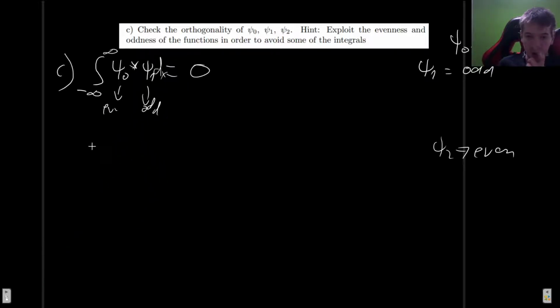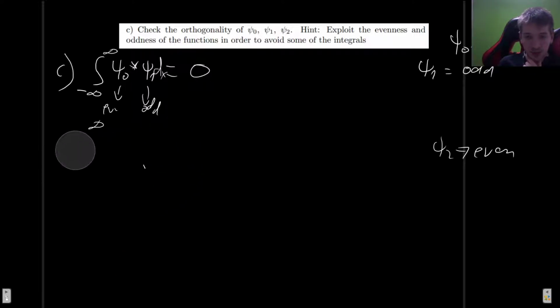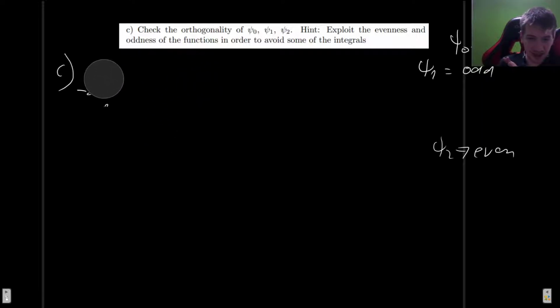Now, on the same logic, the integral from minus infinity to infinity of psi2 and psi1 will also be 0 because psi2 is even and psi1 is odd. So multiplying them will give you an odd function. So that's also going to be 0 in the symmetric interval. So just like that, easy as that, we already checked the orthogonality for psi0 and psi1 and psi2 and psi1.